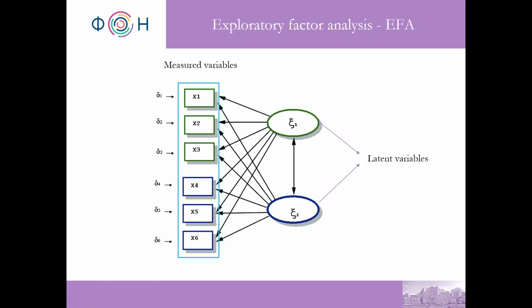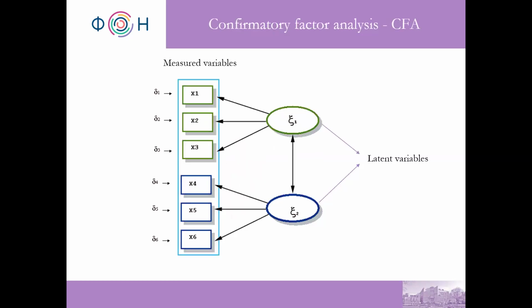When it comes to exploratory factor analysis, we have no power on deciding how our variables are going to be grouped. So exploratory factor analysis tells us how our variables should be grouped. On the other side, when we are conducting confirmatory factor analysis, which is a part of SEM, we as data analysts, let's say decision makers, already know in advance how we want our variables to be grouped.